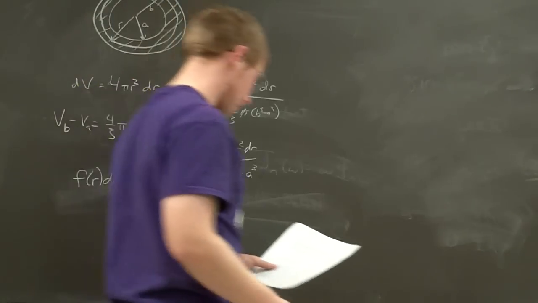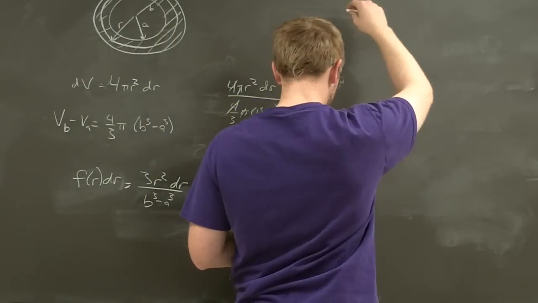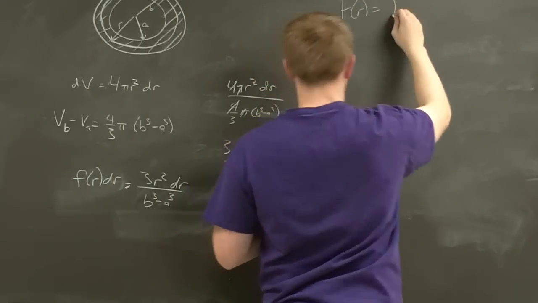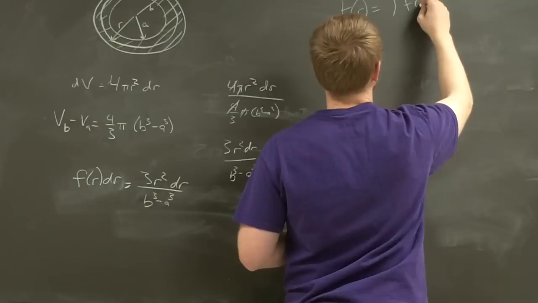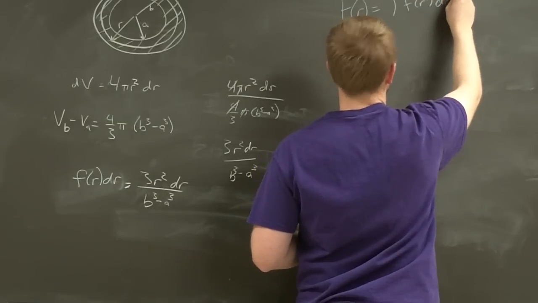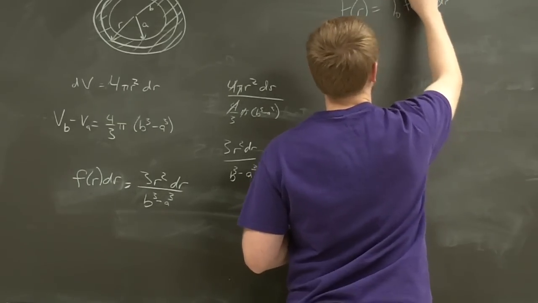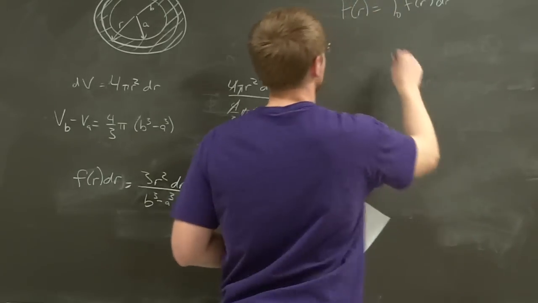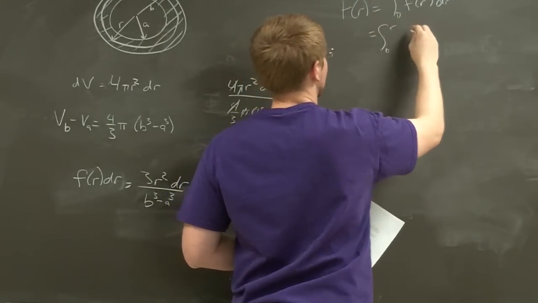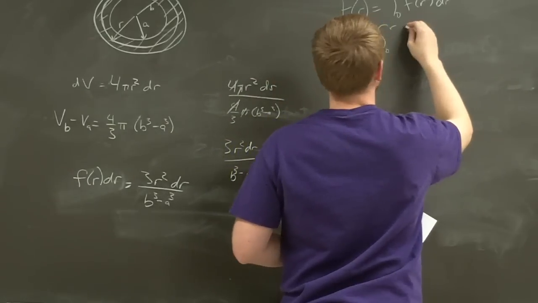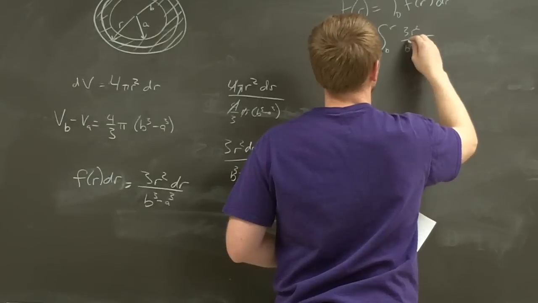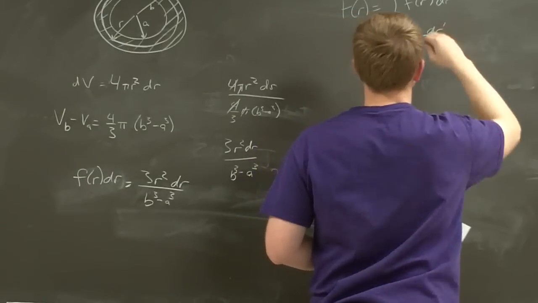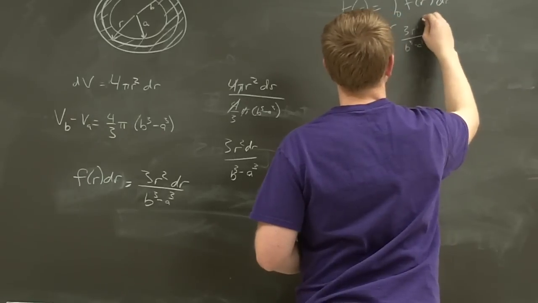And the cumulative distribution function, capital F of r, is equal to the integral of f of r prime dr prime from 0 to r. And we're just plugging in, doing calculus. It's 3r squared over b cubed minus a cubed dr prime. This is r prime squared.